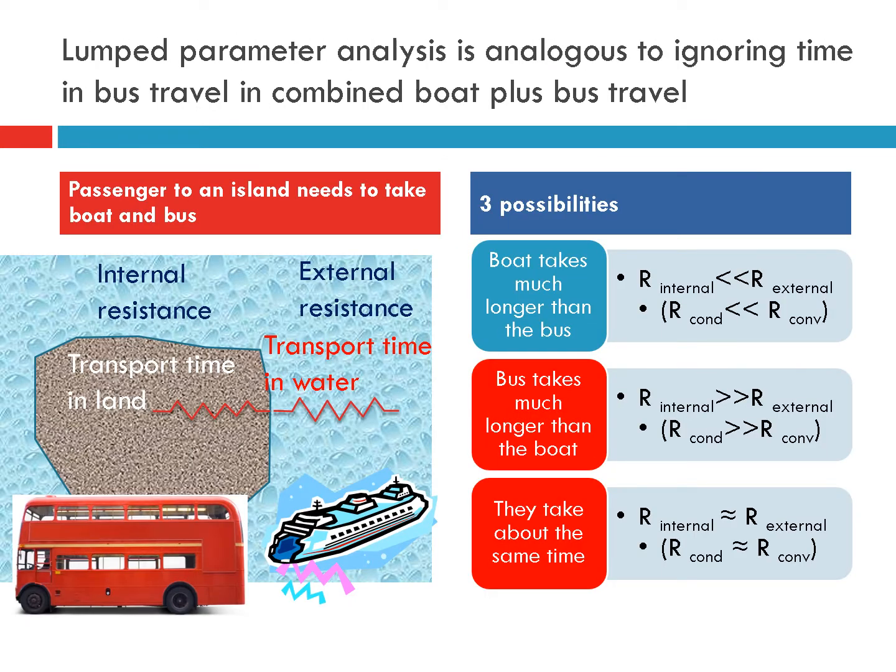We return to the analogy of travel time from the center of an island out to the free water or the bay. This travel time is composed of travel time to the edge of the island, and then from the edge of the island to the free water or the bay.